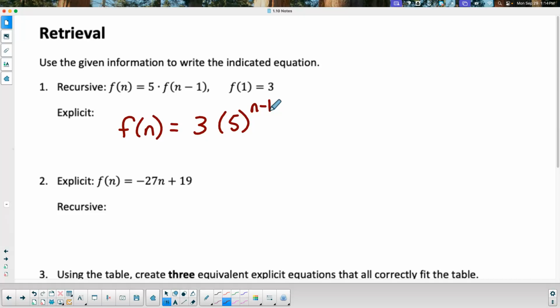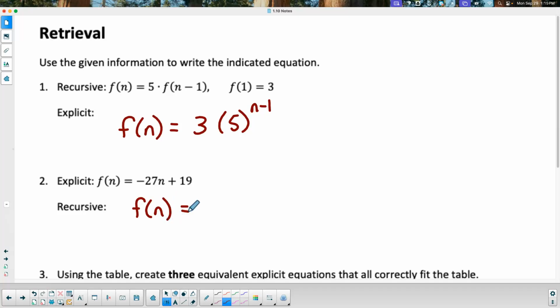Okay? So now that we know that it's arithmetic, and now that we know that the common difference is negative 27, now we can write ourselves a recursive equation. How does it start? F of n. Yep, they all start F of n.